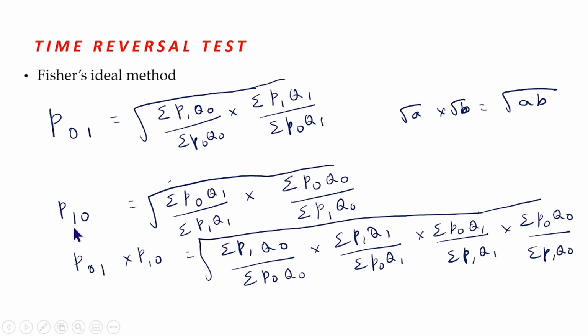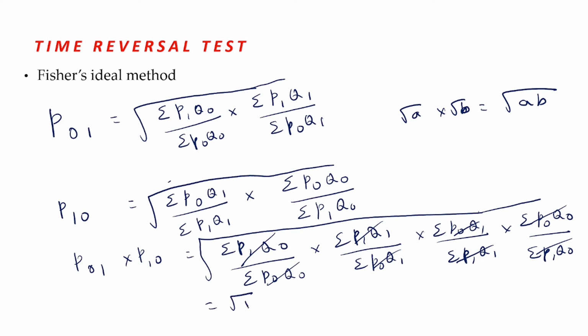And then next we have the next expression P10. It is the product of these two. It is written here. So here we can see that these two will cancel, these two will cancel, then summation P1 Q0 will go, then summation P0 Q0 and summation P0 Q0 will go.